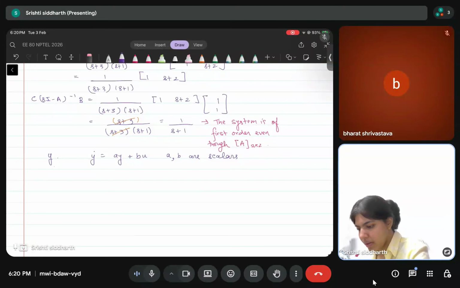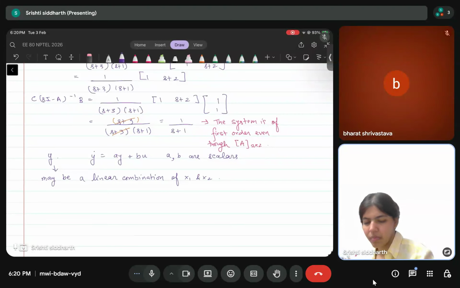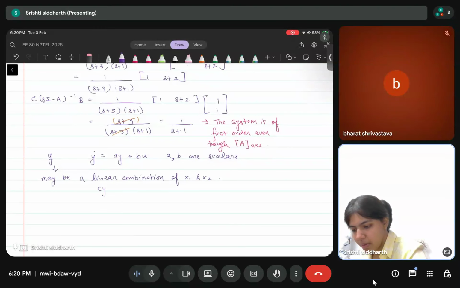And this Y may be a linear combination of x1 and x2. And you can have the output, let's say the output was C times Y.